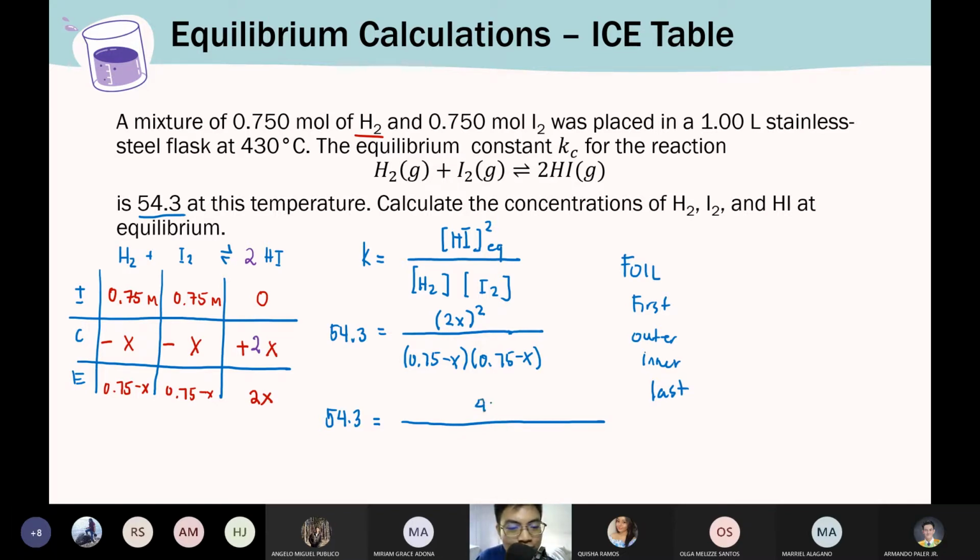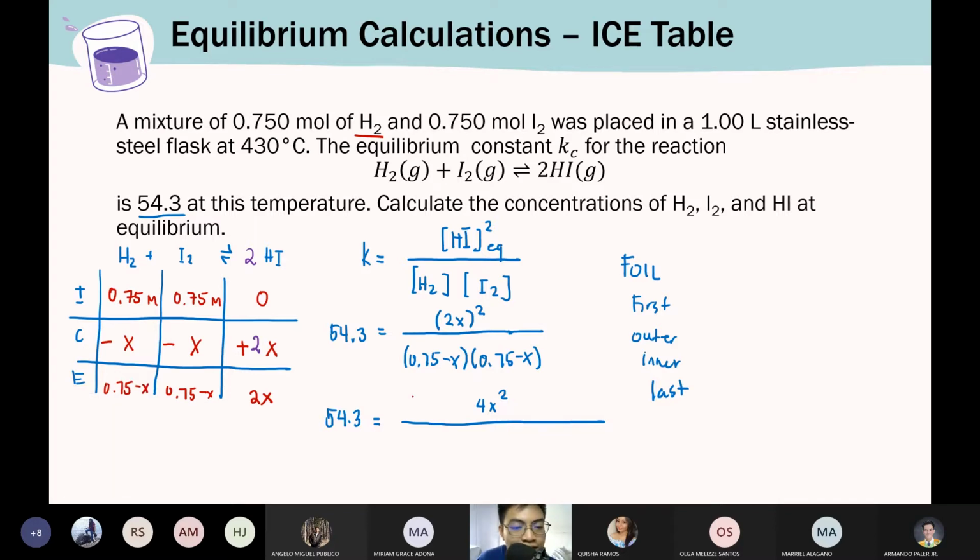So, it will become 4x squared. Yung 2 naka-square, yung x naka-square din. Parehas sila naka-raise to 2. So, 2x: 2 squared then x squared. So, that's 4x squared. Dito tayo sa baba mag-focus sa denominator.